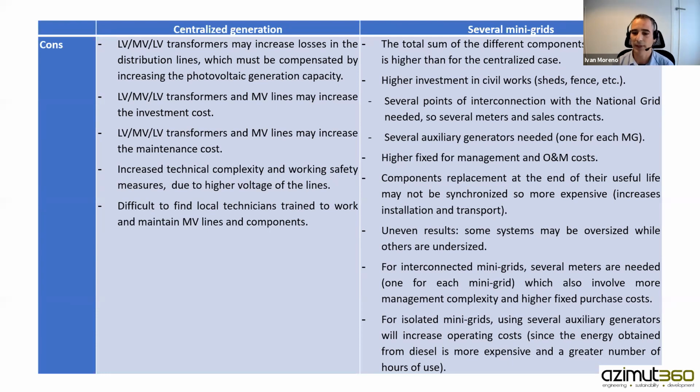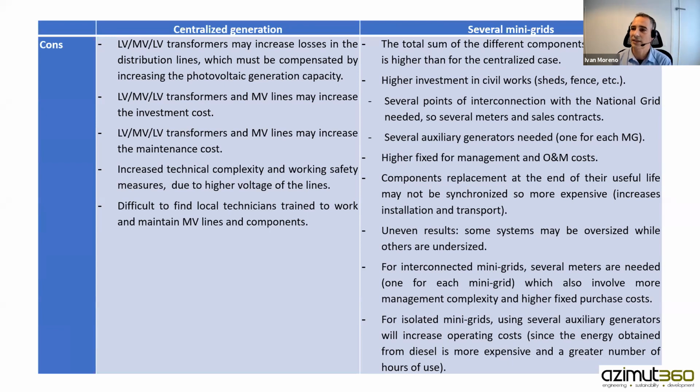In the case of several mini grids, the total sum of the different components of the facilities is higher than for the centralized case. Of course, the different points, different installations, and sizes of everything means that there are many components. The centralized model is less complex. The PV resources are more clear.